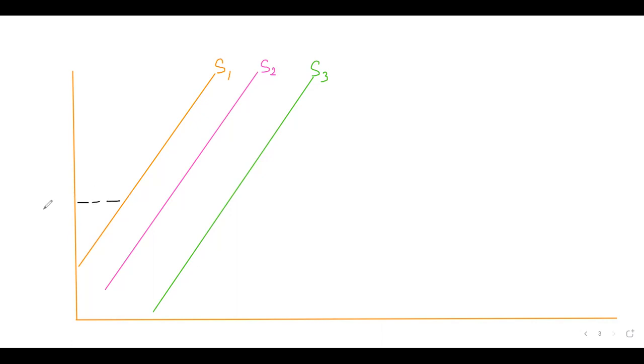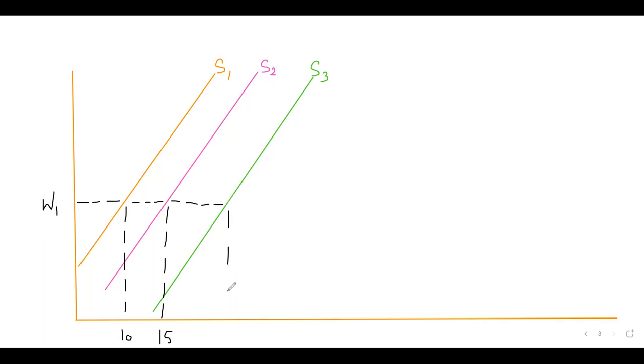Now what you need to do is, just like we did yesterday for the demand curve, at a certain wage rate, let's say at W1, what is the total number of hours or the total number of people who are willing to work at this wage rate, right? So the first person, let's say, is willing to work 10 hours per day with this wage rate. The second person is perhaps willing to work 15 hours per day, and the third person is willing to work 18 hours per day, right?